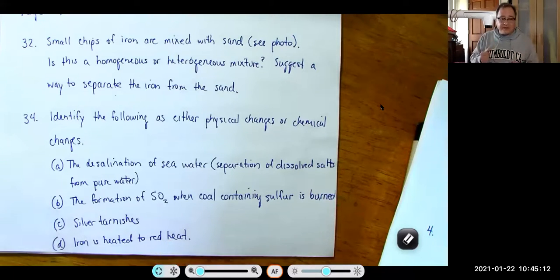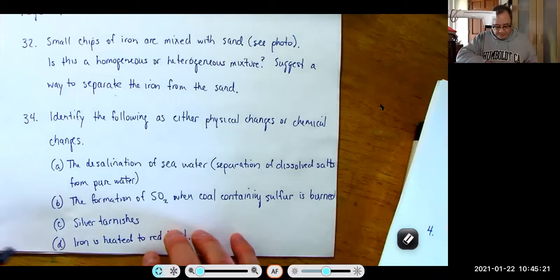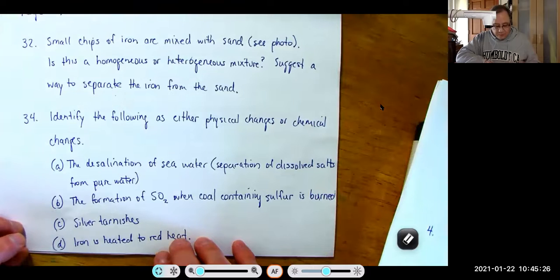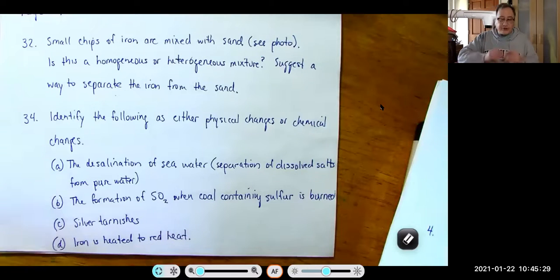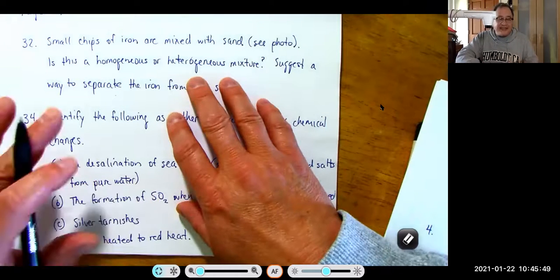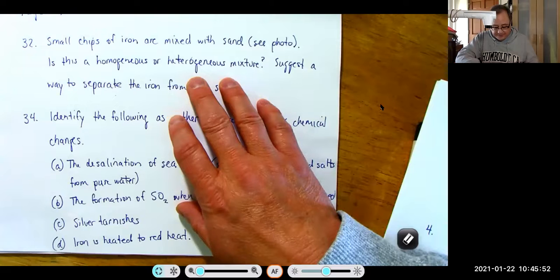People don't look the same because we have hair usually on the top of our heads. We've got eyes that are different colors than our skin and so forth and so on. So people are heterogeneous. So what you do when you're looking at things like this is you just look at it. Does it look the same throughout, everywhere? And when you see the mixture of sand and iron, parts of the mixture look dark and parts look light. So that's a heterogeneous mixture. Okay, so it is totally based on what you see, homogeneous and heterogeneous.